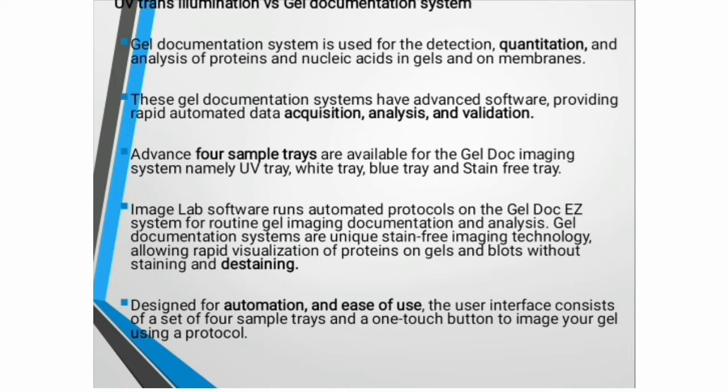Gel documentation systems have a unique stain-free imaging technology allowing rapid visualization of proteins on gels and blots without staining and destaining. Designed for automation and ease of use, the user interface consists of a set of four sample trays and a one-touch button to image your gel using a protocol.